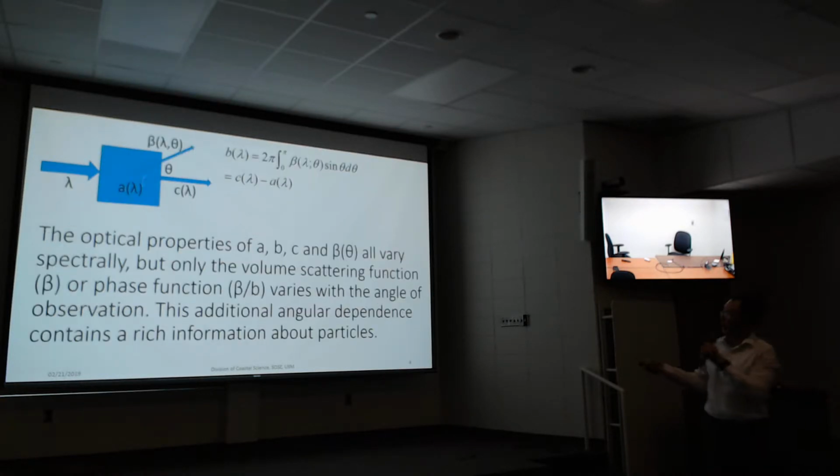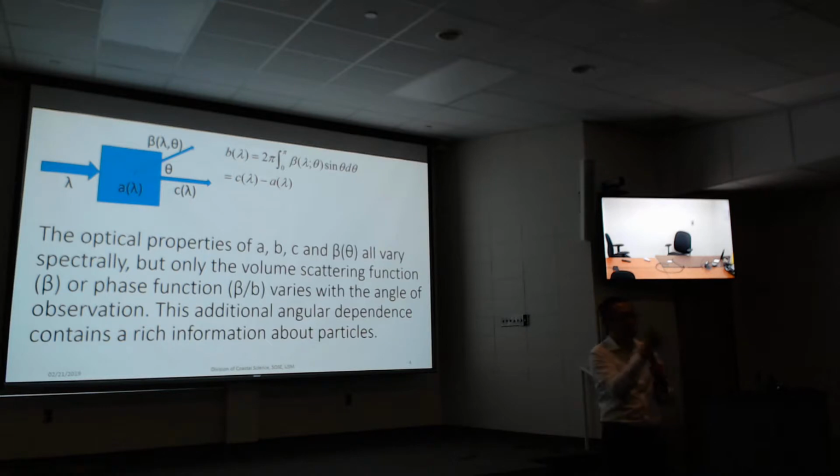So now we have the optical properties: absorption, scattering, attenuation, and the volume scattering function. All of those are functions of wavelength. I mean, what is the color of the light? If we look at blue, green, red, or infrared, they are all different.